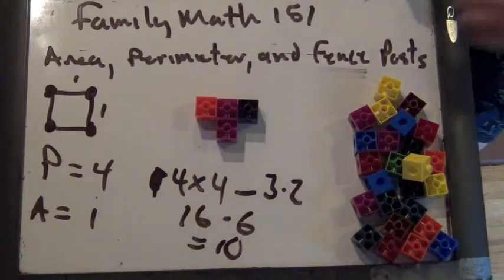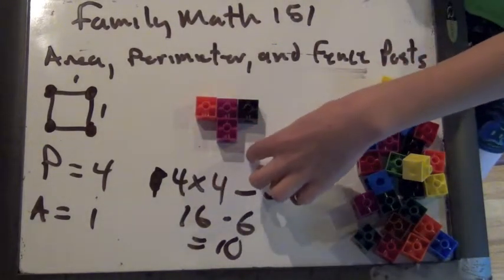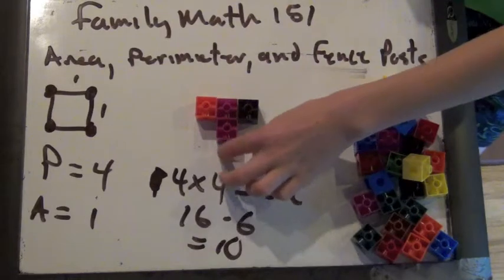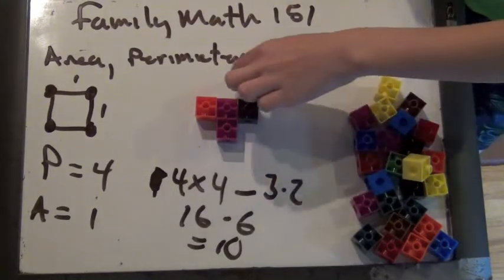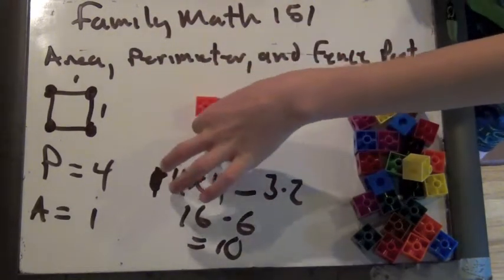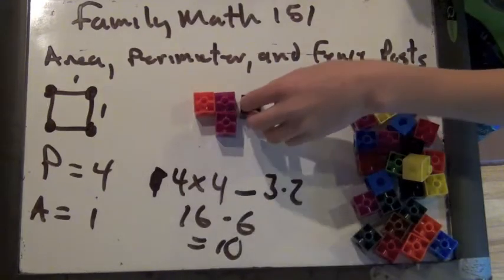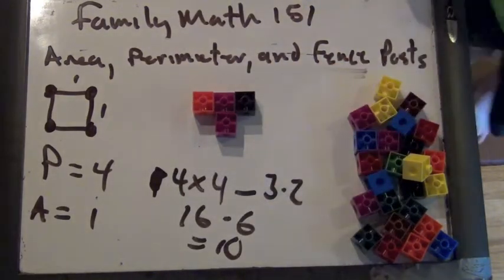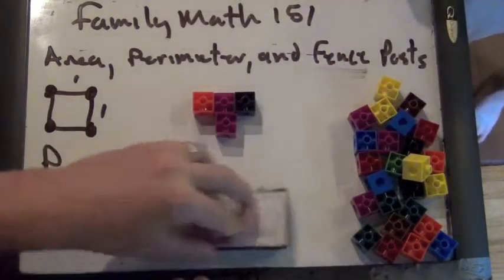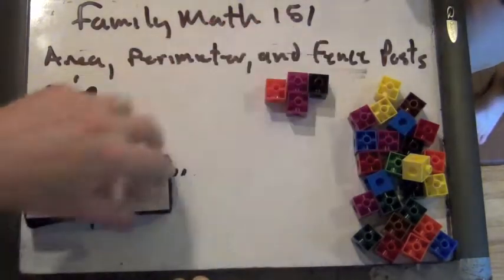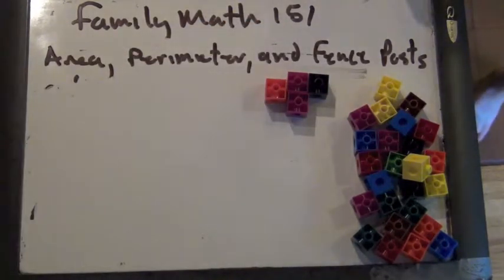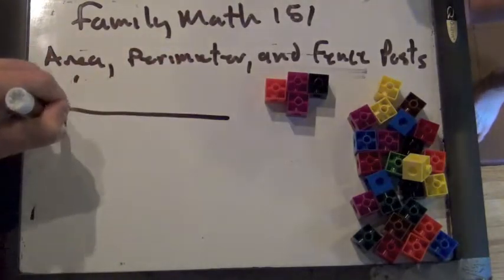Go ahead, let your brother do it. You could start at the top and just count all the sides. 1, 2, 3, 4, 5, 6, 7, 8, 9, 10. Why don't we draw this shape out? Looks like it goes like this.